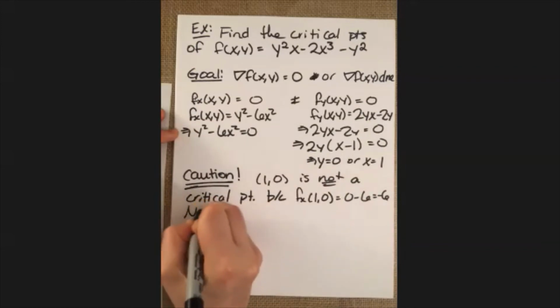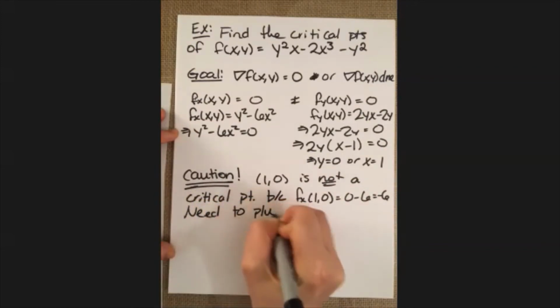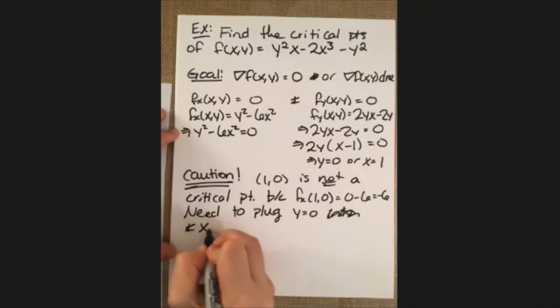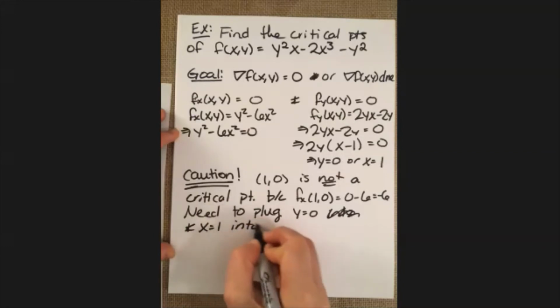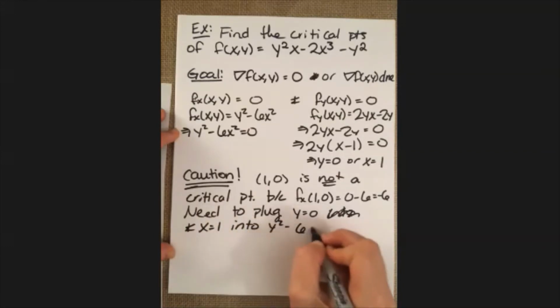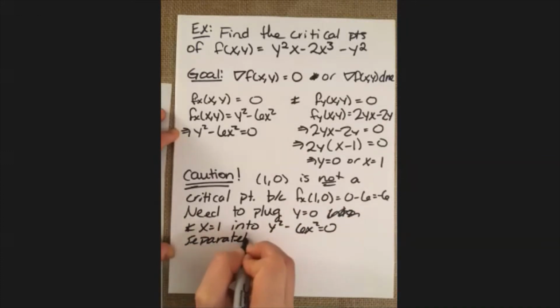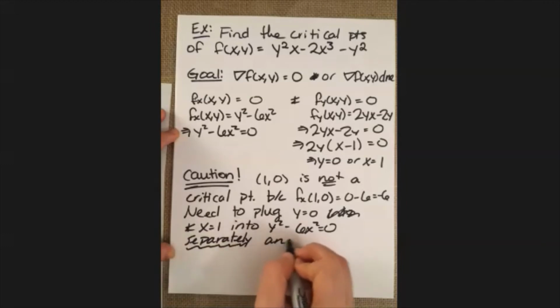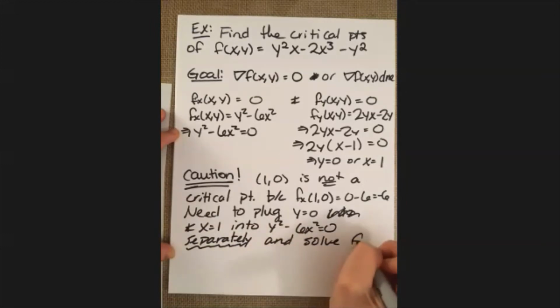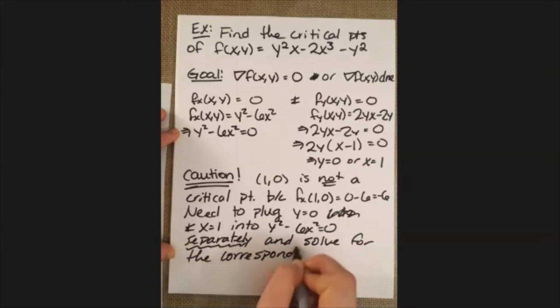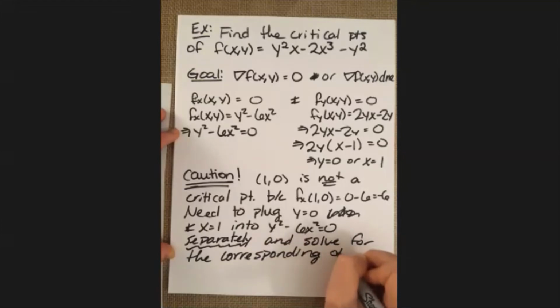So we need to plug y equals 0, or maybe more specifically, plug y equal to 0 and x equal to 1 into y squared minus 6x squared equals 0 separately, and solve for the corresponding other component.